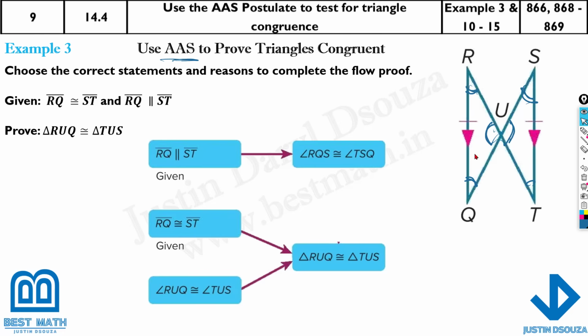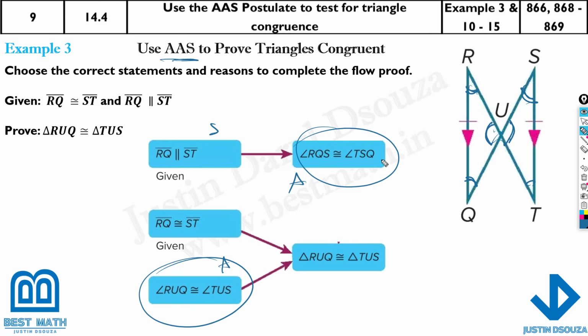So this and this and this are angles, and we have a side. There are two angles and one side, therefore it is the AAS postulate. Here you can see it's alternate interior angles, the vertical angles theorem, and the angle angle side postulate.